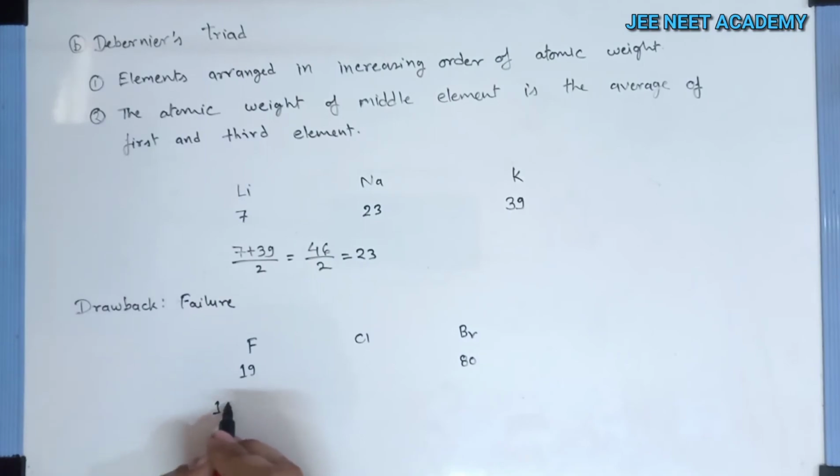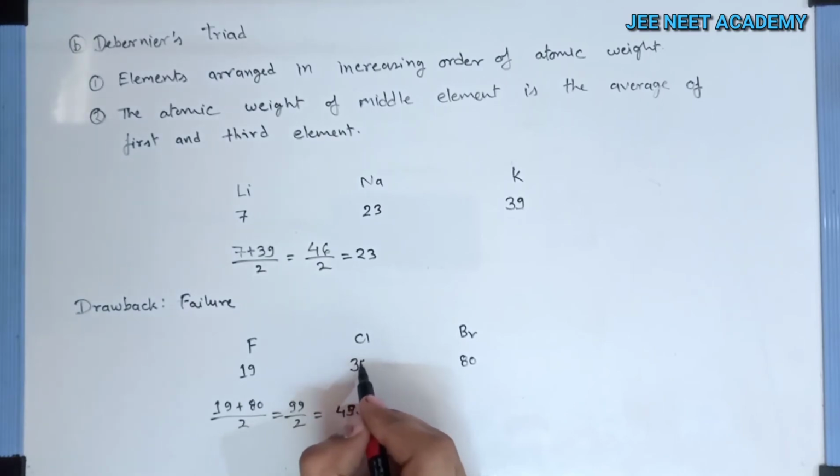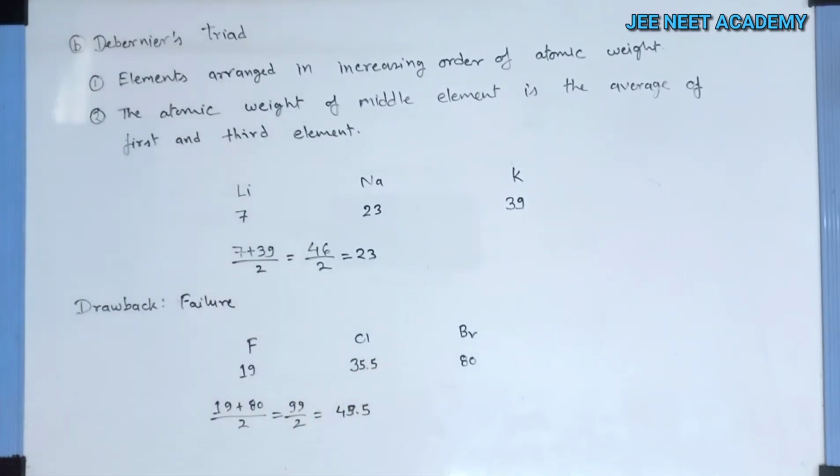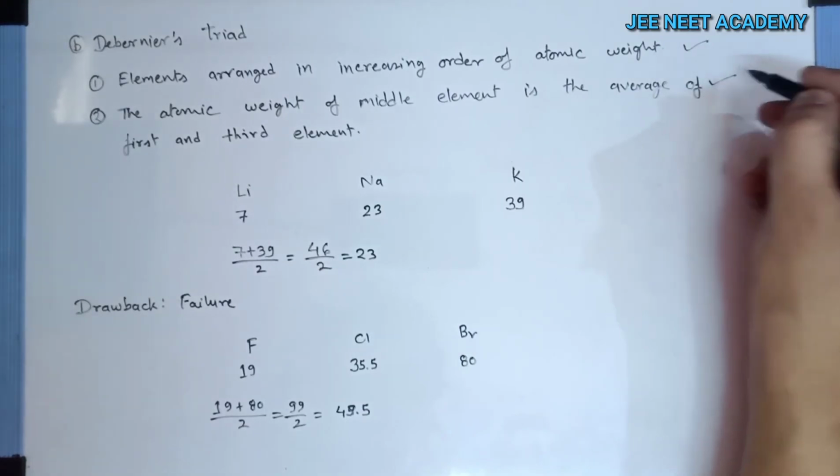So 19 plus 80 divided by 2, 99 divided by 2, it is coming 49.5. But the atomic weight of chlorine is 35.5. So here it failed. Okay, 3 elements triad, it is satisfying here, but the average of first and third is not giving the middle element's atomic weight.